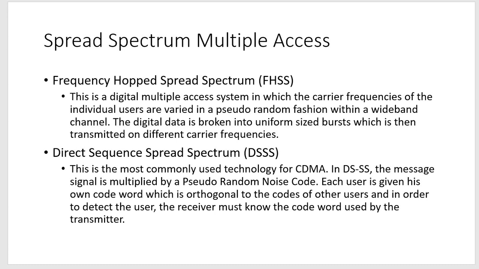Let's look at frequency hopping spread spectrum. This FHSS is a digital multiple access system in which the carrier frequencies of the individual users are varied in a pseudo-random fashion within a wideband channel.